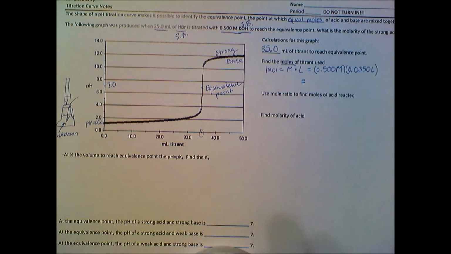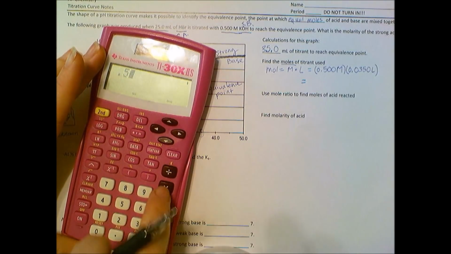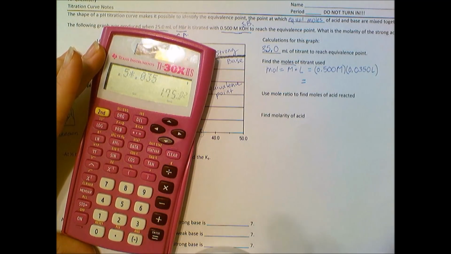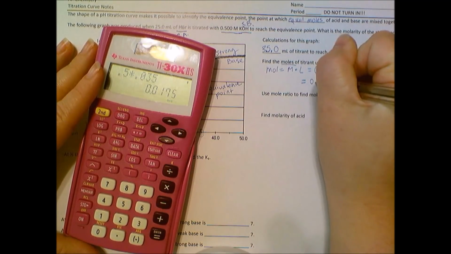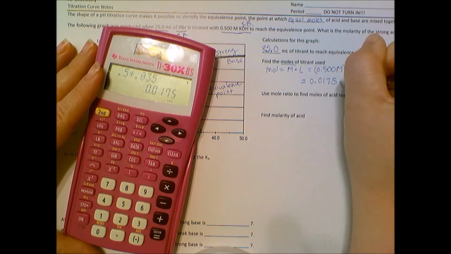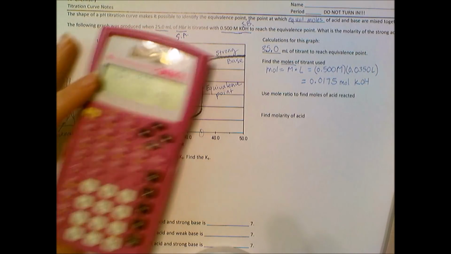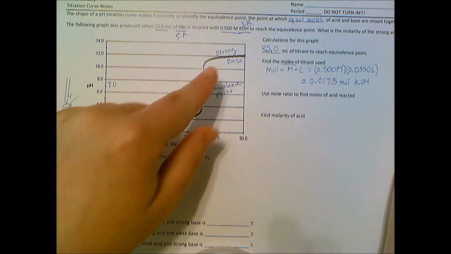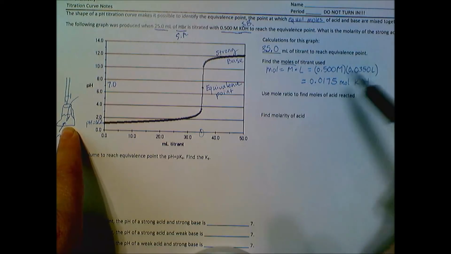So our moles equal 0.5 times 0.035, and we get 0.0175 moles of our KOH being reacted. That's how many moles were added from the burette into our flask.